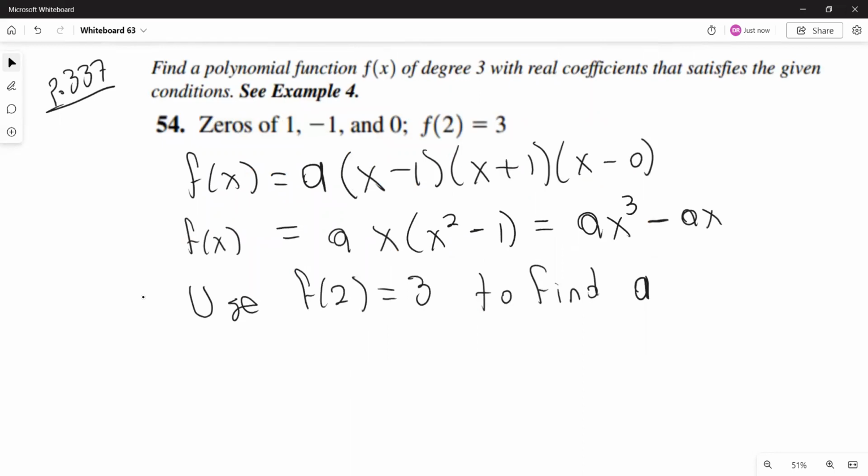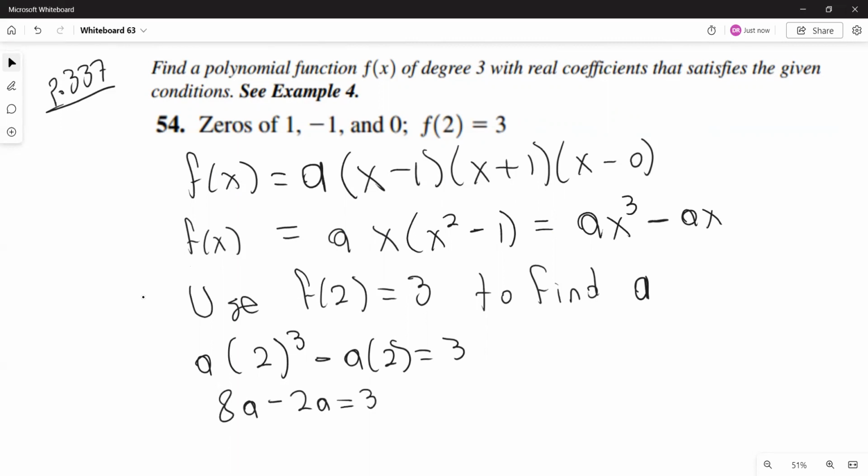Knowing that a times 2 cubed minus a times 2 is equal to 3. But 2 times 2 times 2 is 8, so that's 8a minus 2a equals 3, and 6a is equal to 3. And a is 3/6 or 1/2.